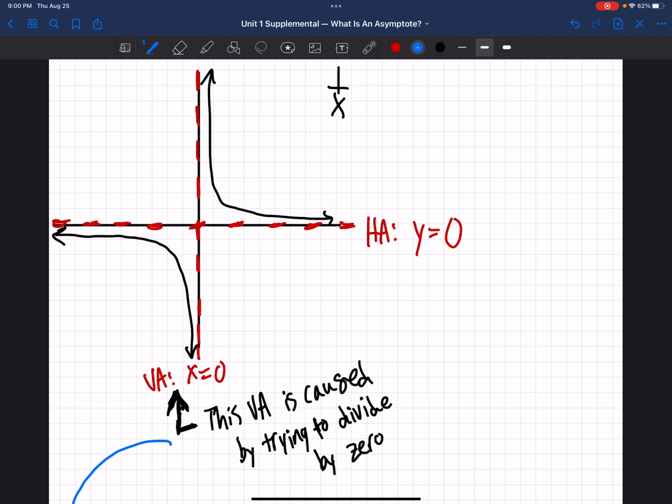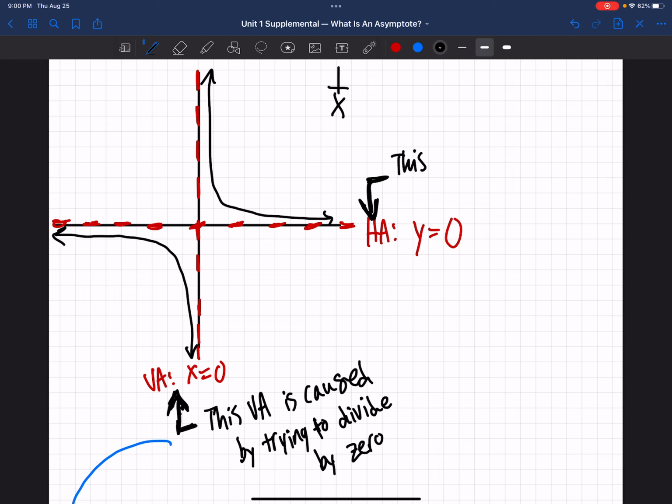The same goes for y. The horizontal asymptote exists, but for a different reason, okay? So this one, and maybe I'll do this up above.